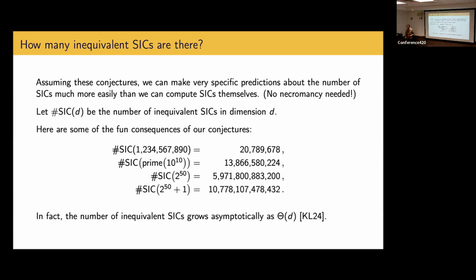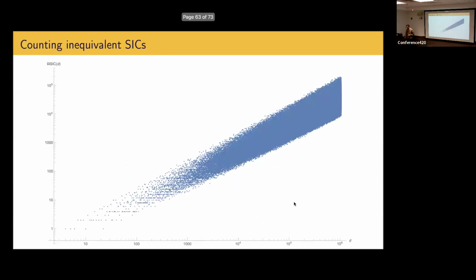I'm not using any special structure. There's this many inequivalent SICs in that dimension. In fact, it grows like the dimension of the underlying space. So there's lots of these things. But we think that's probably all of them with maybe finitely many exceptions. If that's false, it would be extremely interesting.